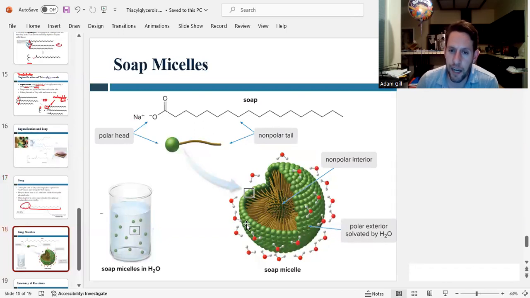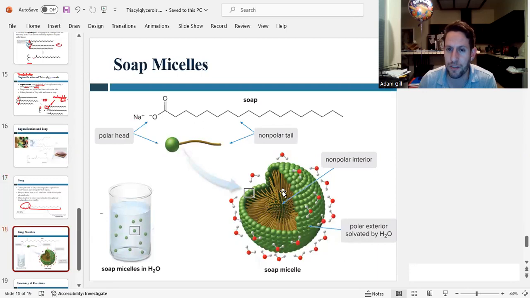And this entire micelle dissolves in water because the entire exterior of it is polar and loves to mix with water. And so the water molecules interact with the outside of the micelle, and that entire micelle dissolves into the water. But the inside of the micelle is like a little droplet of oil. It's all these non-polar tails. Water molecules don't want to go in there, and the tails don't want them in there.